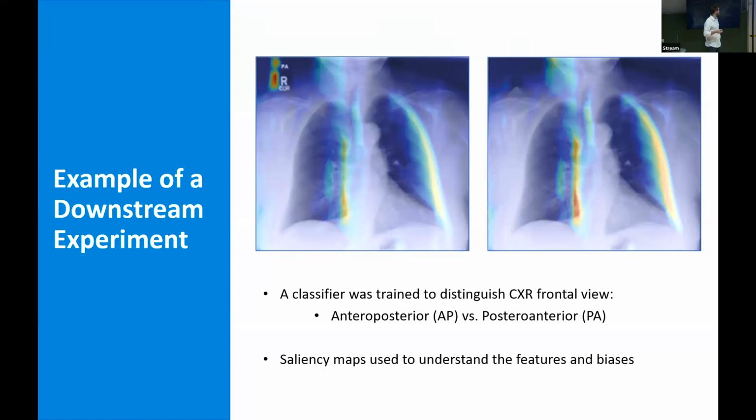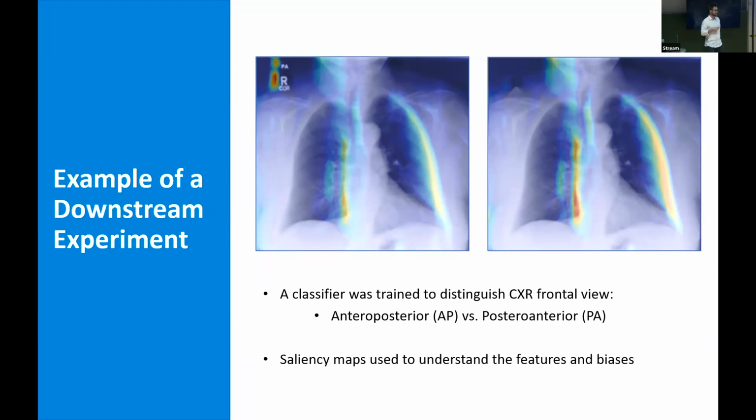Just to give you an example of the downstream experiment we're working on, for the model that looks at the projection, whether it's taken from the front or the back, we have a chest X-ray on the left with the annotations still on it and a chest X-ray on the right with no annotations. This was strangely a PA, which had some annotations, which is unusual.